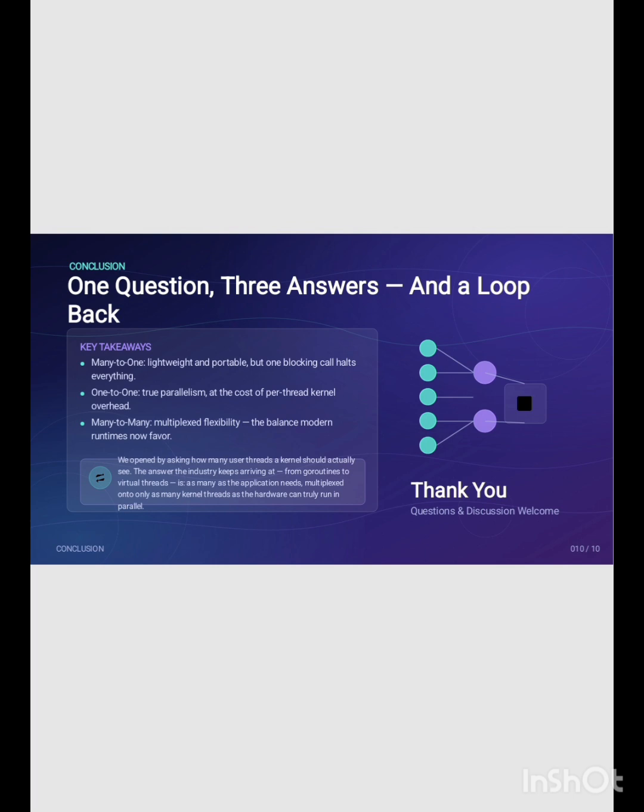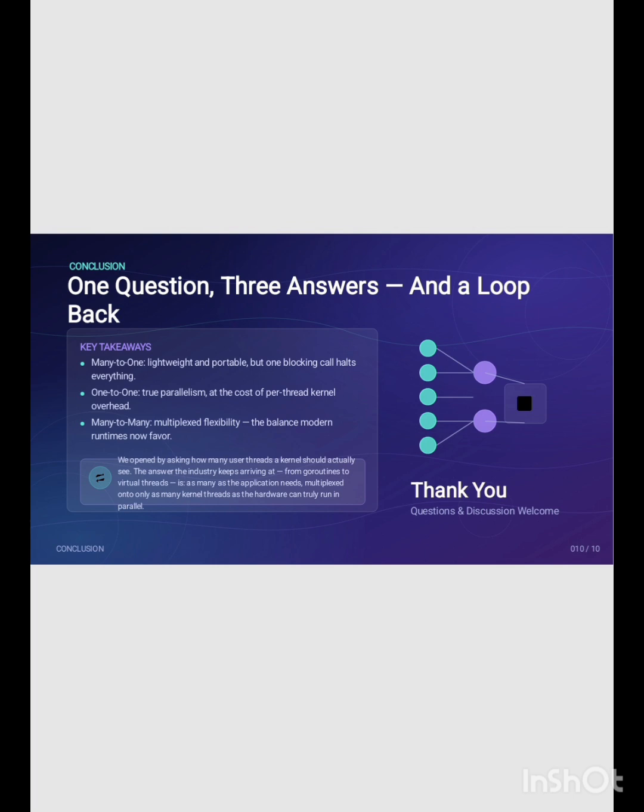We opened by asking how many user threads the kernel should actually see. The answer the industry keeps arriving at, from goroutines to virtual threads, is as many as the application needs, multiplexed onto only as many kernel threads as the hardware can truly run in parallel.